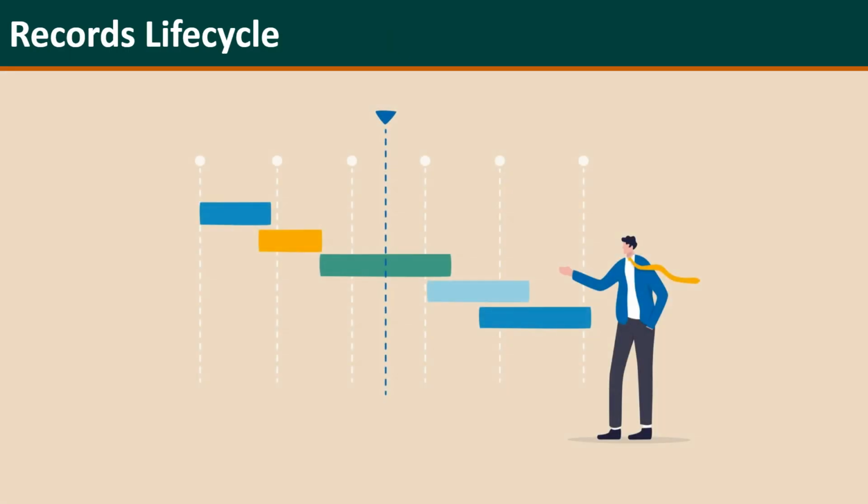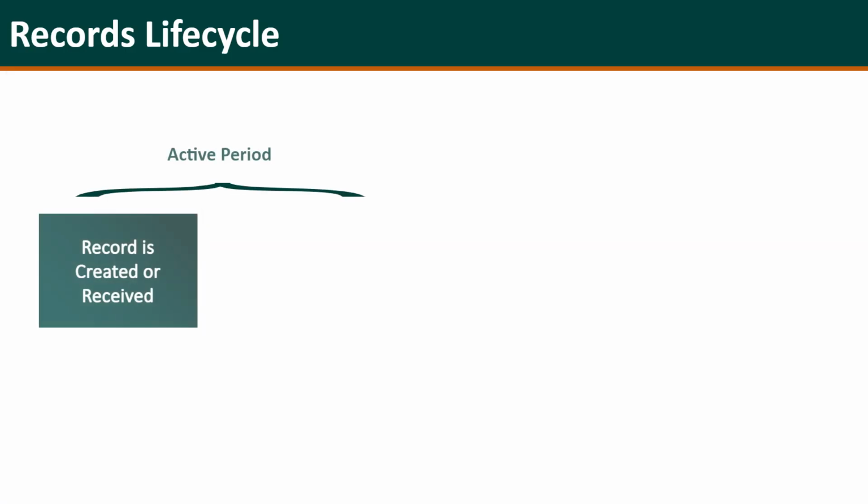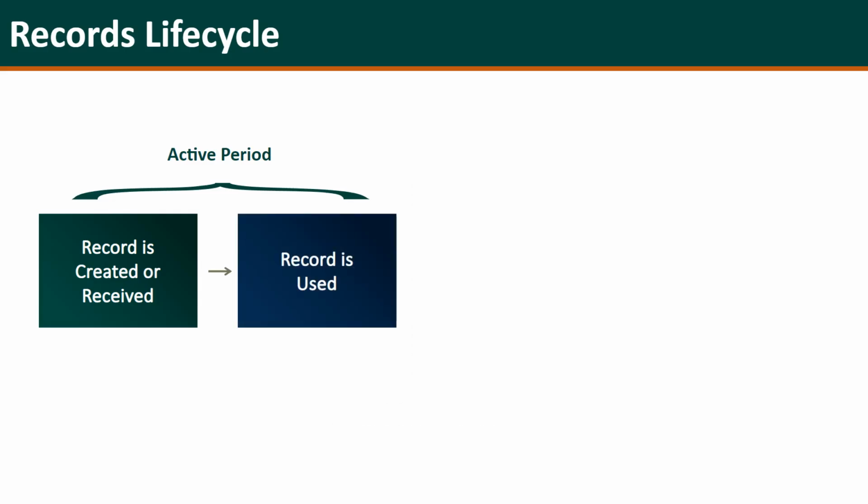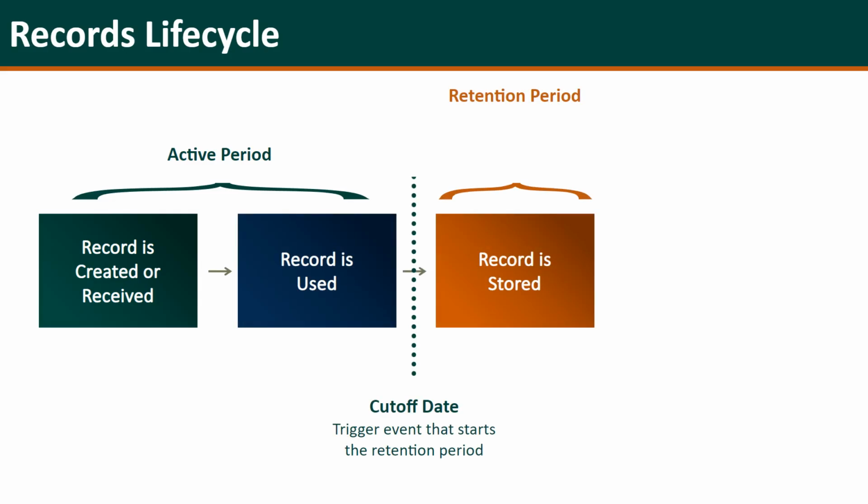To help understand how to manage your records and interpret your retention schedule, think of records as having a lifespan. The retention schedule explains how to manage records throughout their life, from the time they're created or received, while they're used, and finally when they're stored to wait out their required retention period. The retention period is the amount of time records need to be kept to support their legal, fiscal, and administrative needs within your agency.